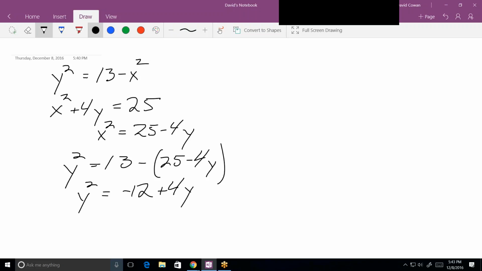Okay. So now our goal is to solve for x and y. So we have to solve for y. How do we solve that for y? We move all the y terms and put them on one side and have a 0 on the other. So I got y squared minus 4y plus 12.